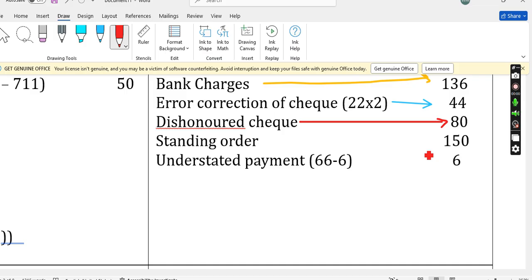Also for rejected amount, you just put the amount so that it cancels. That's how you correct a lot of errors. If you want to cancel out errors, you just put the amount on the opposite side.